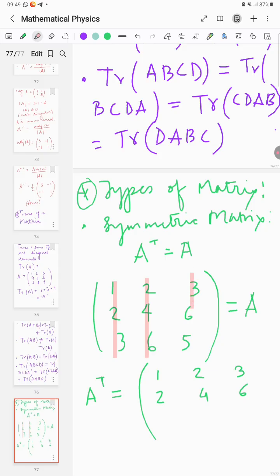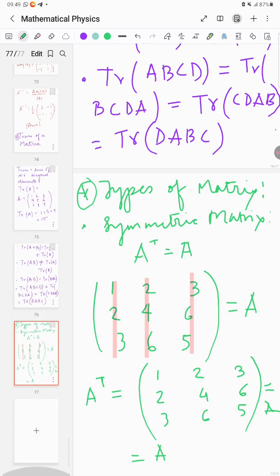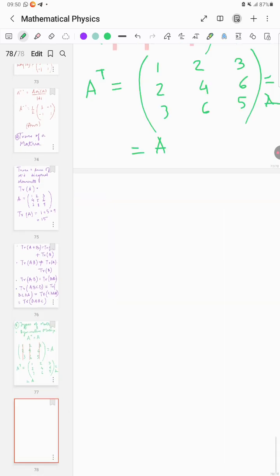Finally, changing the third column into row: 3, 6, 5. So what we can make out is 1, 2, 3, 2, 4, 6 and 3, 6, 5 is identical with A. So basically A transpose is coming out to be equal to A. So this is what we wanted, right?